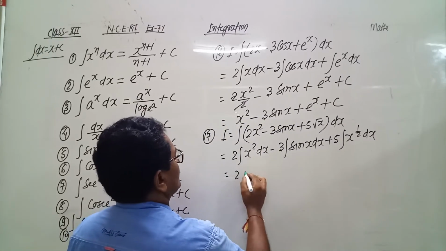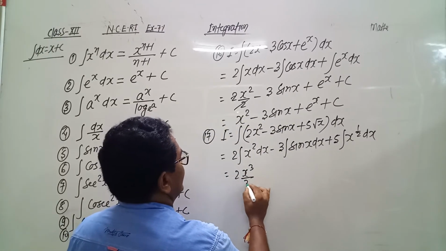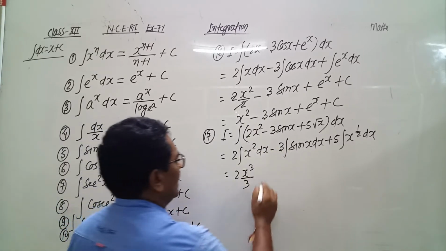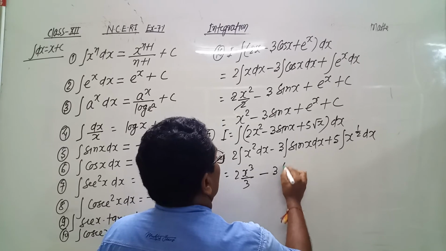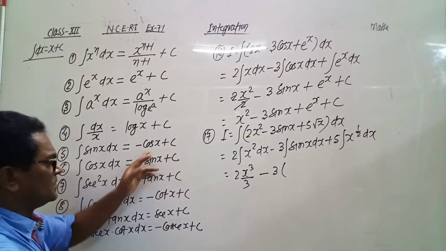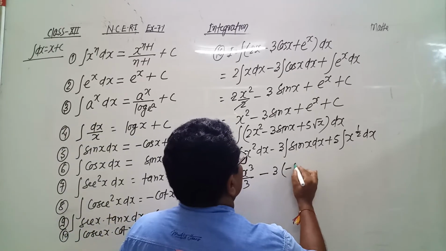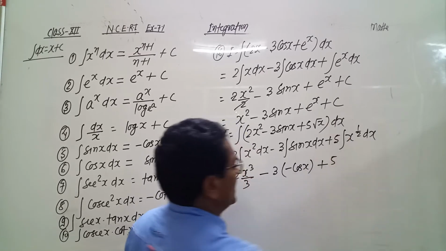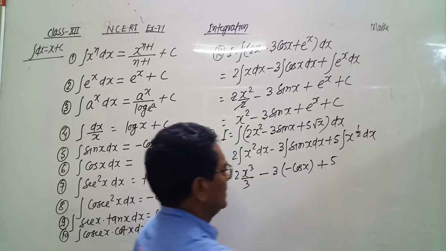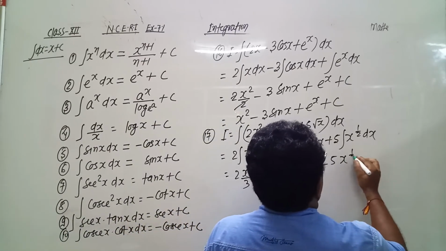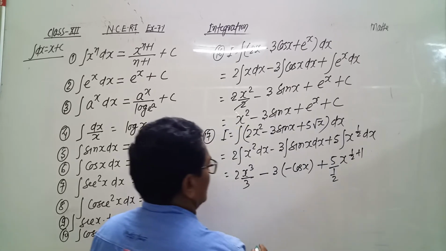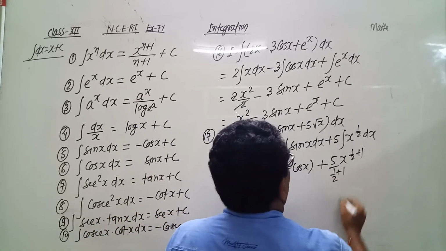So 2 x square dx is integrated using x raised to the power n plus 1 by n plus 1, minus 3 integration of sin x. Integration of sin x is minus cos x. And this will be integrated on the form x raised to the power n, so x raised to the power n plus 1 by n plus 1.